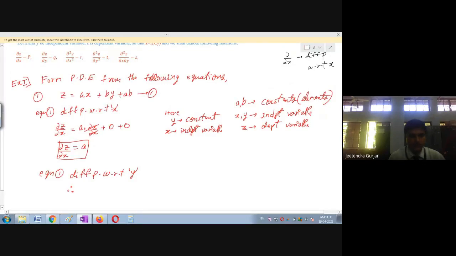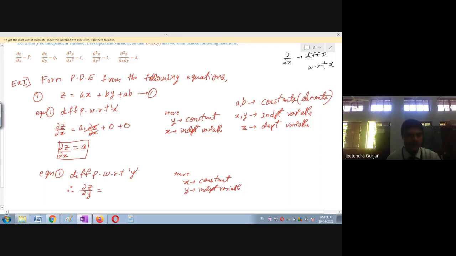Differentiating equation 1 partially with respect to y is denoted by dou z upon dou y, which is equal to, now you can see, again go to equation 1. Here x is automatically held constant. This is the first example, so I'm going very, very slow. And y will become our independent variable. So I'm going to differentiate only y terms.